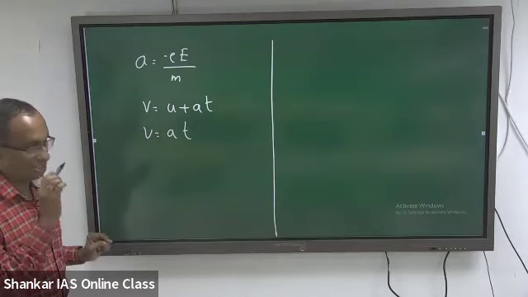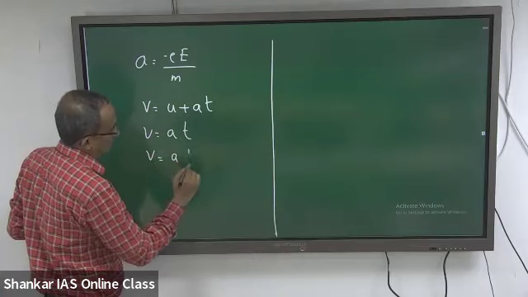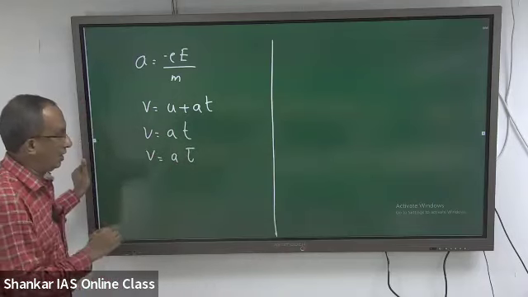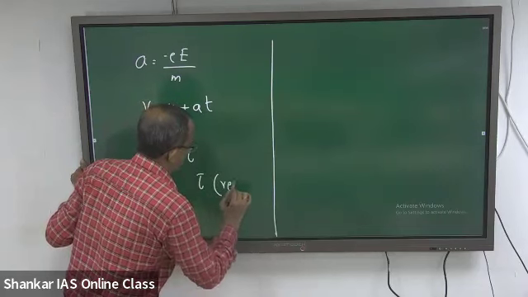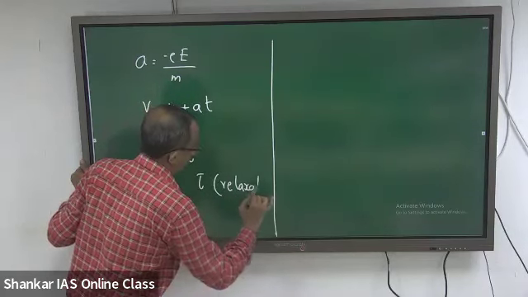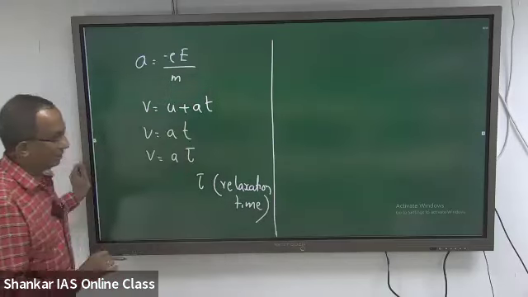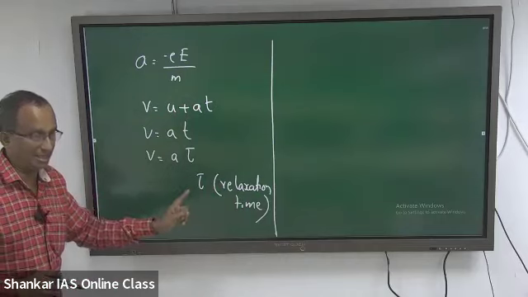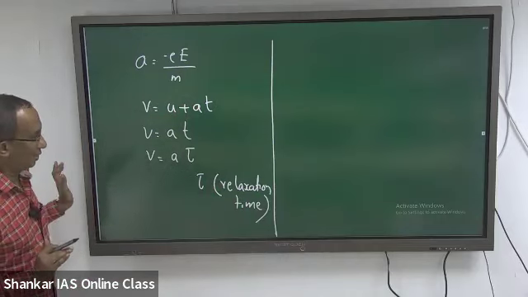That time is taken as tau, so v equals a tau, where tau is called relaxation time. This relaxation time indicates the time between two successive collisions.